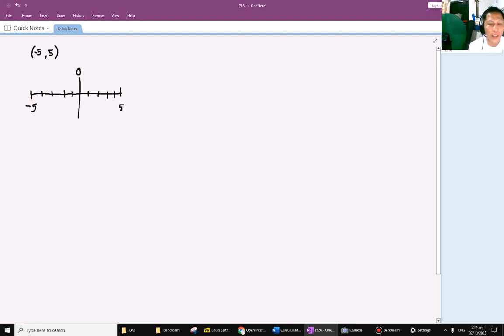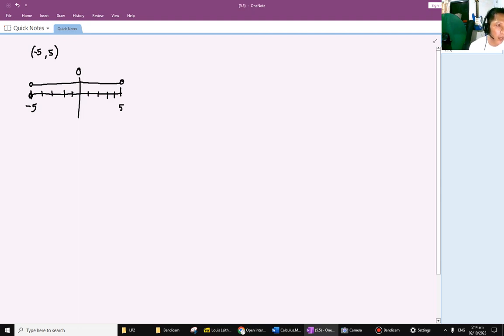But if it is an open interval, you don't include negative 5 and 5. So in drawing, usually it is drawn with a hole here, and then you extend to a hole there. Meaning it doesn't include negative 5 and 5. So that is an open interval.